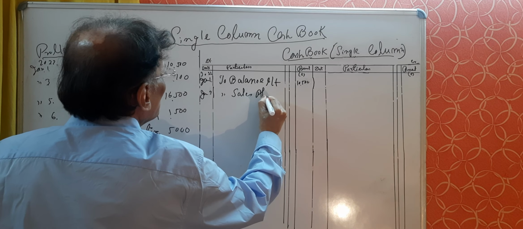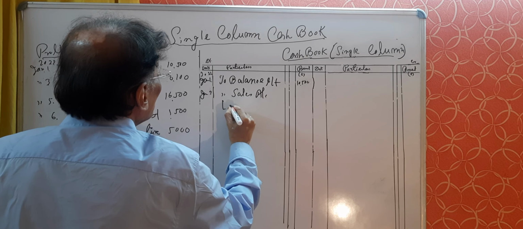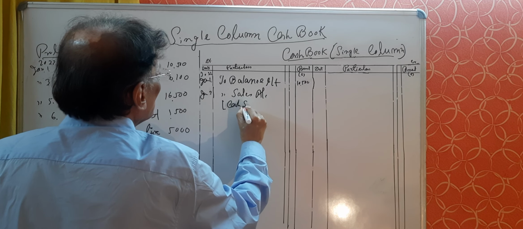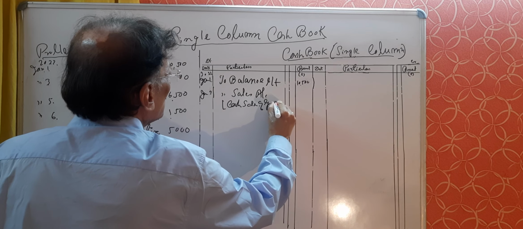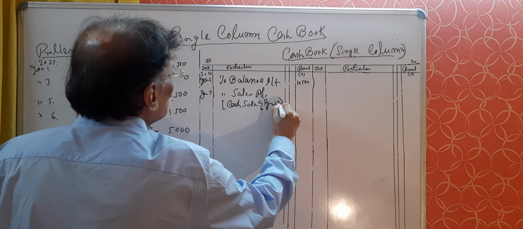Sales account. Narration: cash sales of goods.